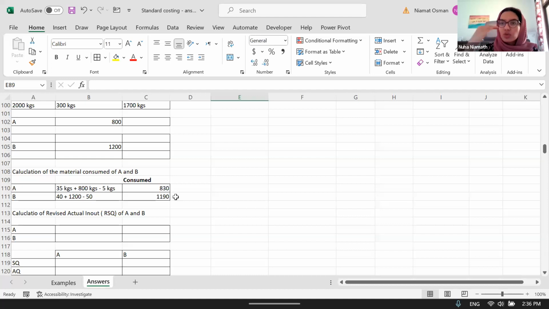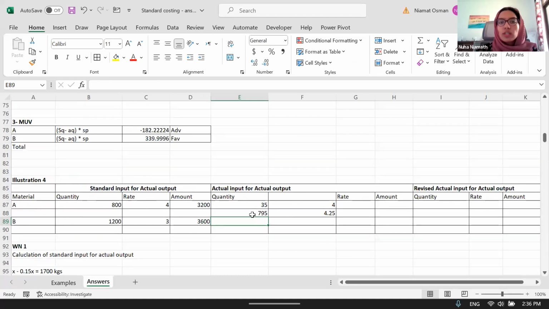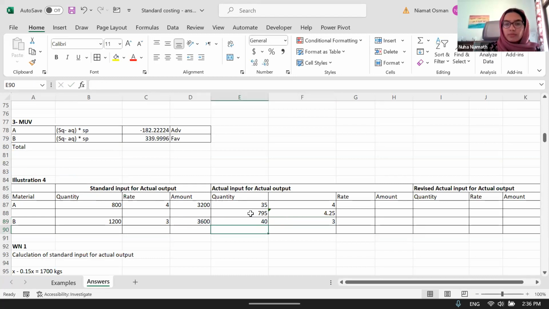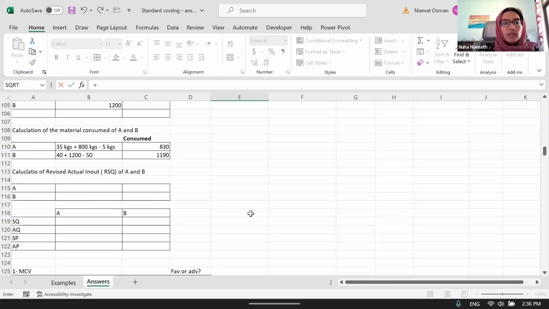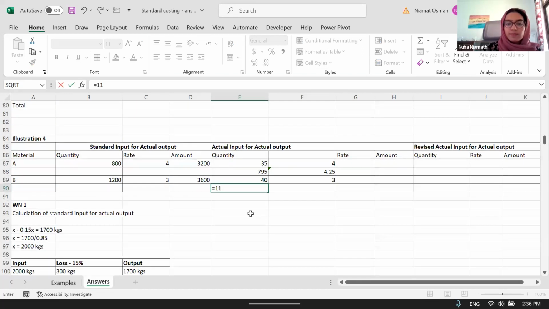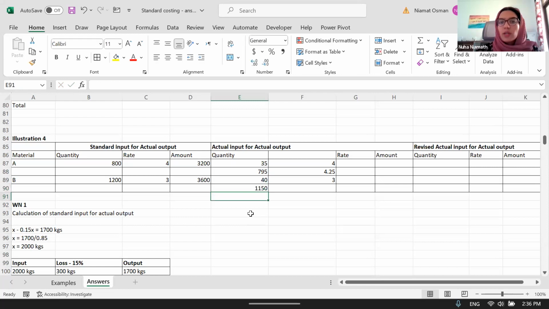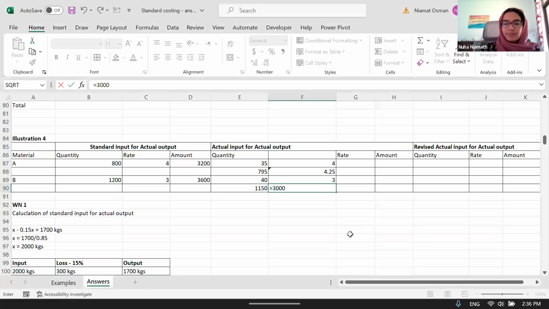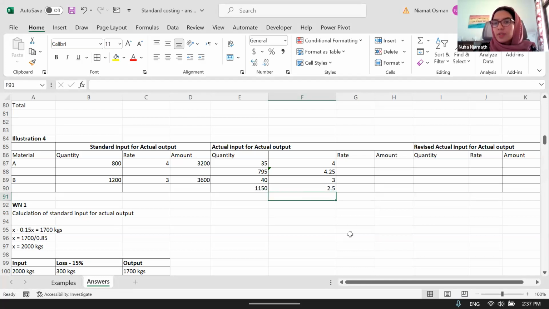You've used 1190 more than the opening. So 40 is at standard, so it will be at 3. So the remaining is 1190 minus 40 which we have consumed. This will be at the actual rate, which is 3,000 rupees divided by 1200, 2.5. Thank you, Justin. Everybody clear with this, the split?